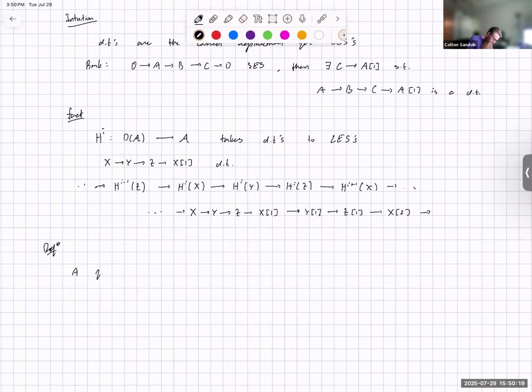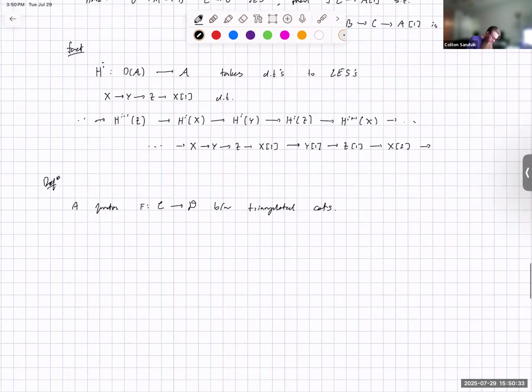A functor F from C to D, between triangulated categories, is called triangulated if F takes distinguished triangles to distinguished triangles.